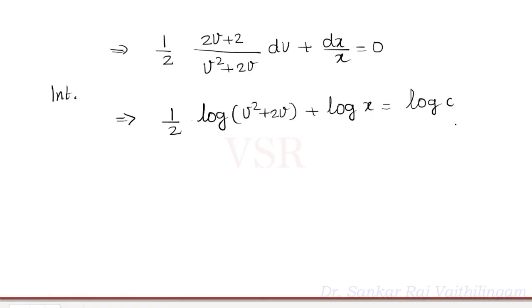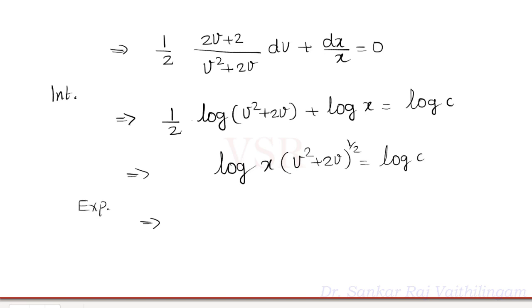So this implies that the 1/2 goes up, and this is log of x into v square plus 2v, the whole power 1/2, equal to log c. Taking the exponential, we have x into y square by x square plus 2 times y by x, the whole power 1/2, equal to c.